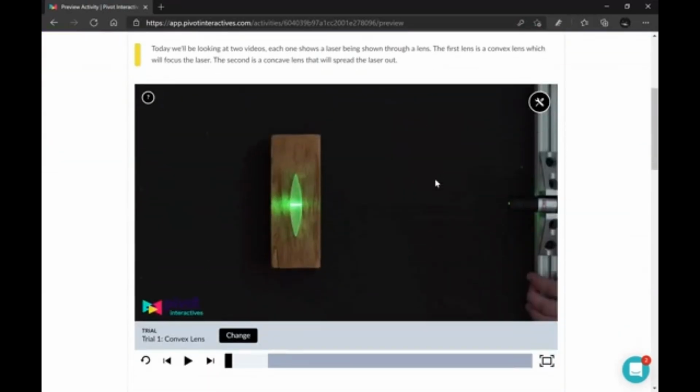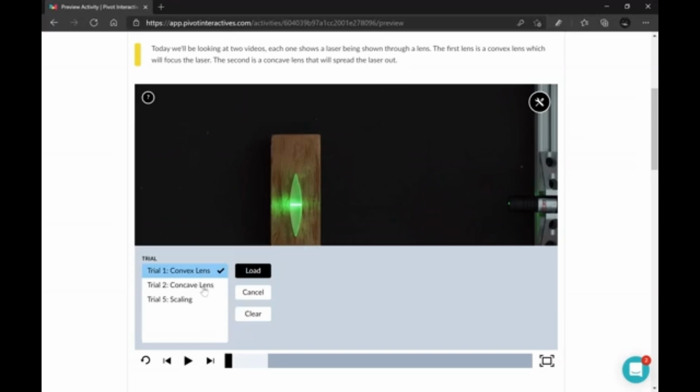So the experiment itself is very straightforward, similar to the previous lab 3 experiment, where you have a laser used as a source, and then you have a lens. This is a convex lens. You can see you have convex lens, concave lens, and scaling. We don't really need that.